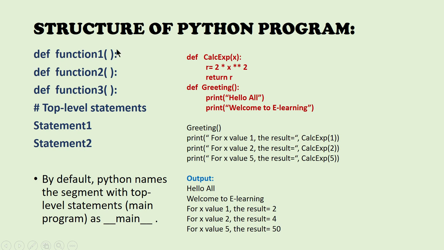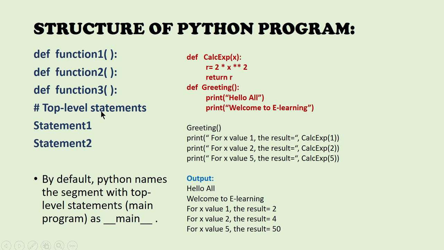After writing all the definitions, you can write the top level statements. What do we mean by top level statements? The top level statements are nothing but the statements which will be executed first while executing your Python program. These are the statements written without any indentation.